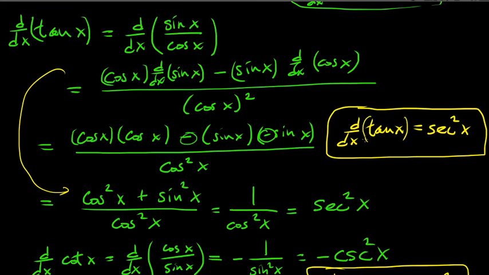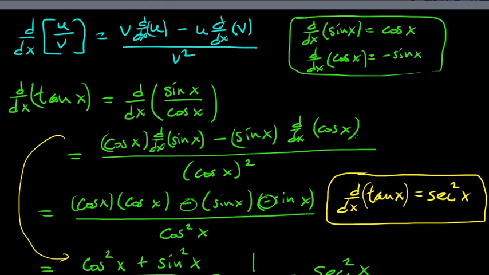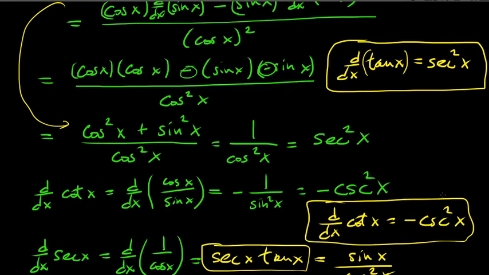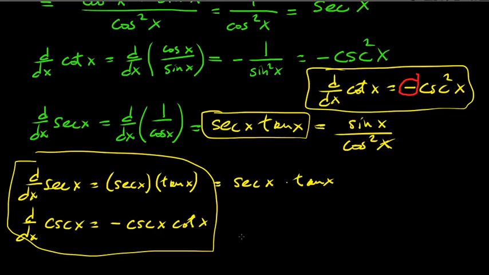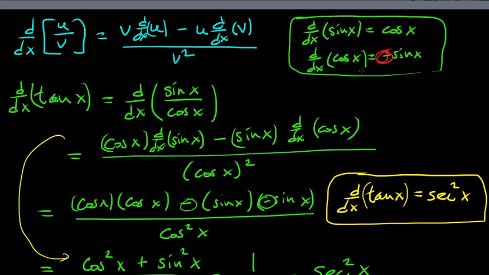One thing that I always remember that helps me remember which of these have a minus sign in front, right? Because some have a minus sign, like derivative of cosine is minus sign, right? And derivative of tangent is positive, secant squared. Derivative of cotangent is also a minus sign. And for cosecant, you also have a minus sign. So notice the connection there.